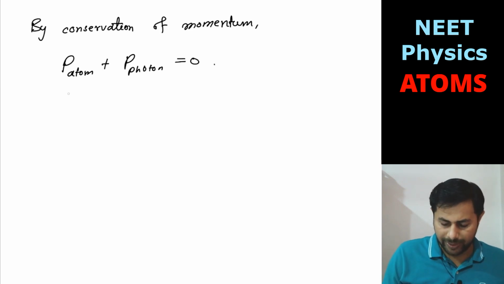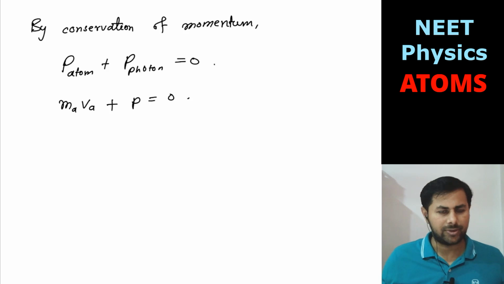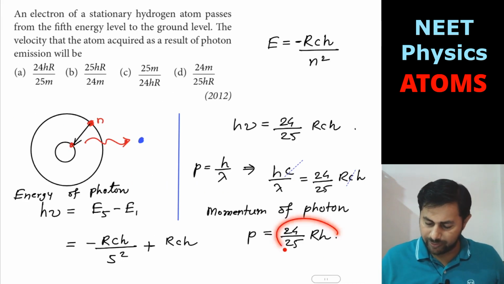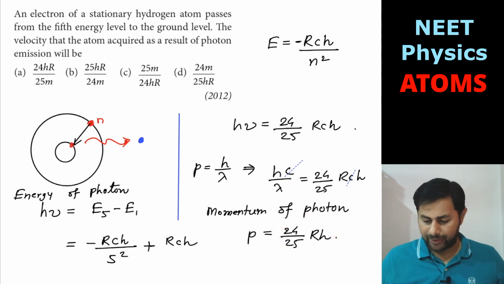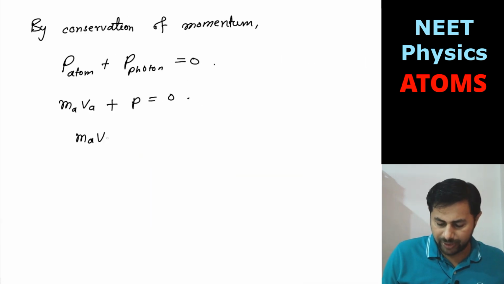So the momentum of the atom, mass times velocity, m times va, plus the momentum of the photon, p, is equal to 0. Move that p to the other side. P was 24 by 25 times RH, so you get m times va equal to minus 24 by 25 times RH.